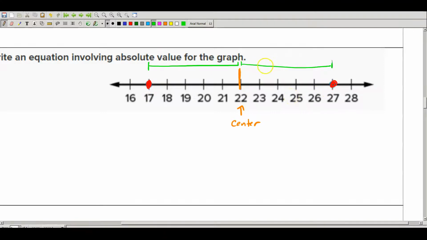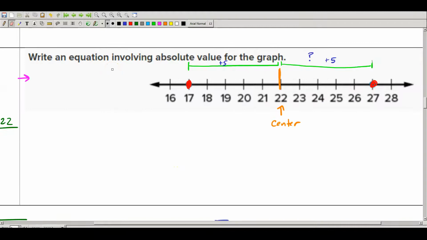The next thing we want to do is calculate that distance. So what is this distance right here? You could just look at the number line. 22 to 27, that's a distance of 5. So this is going plus 5 this way and plus 5 this way.